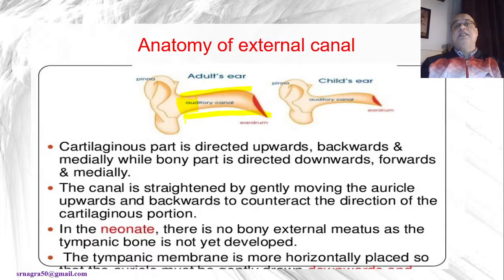The anteroinferior wall is longer as compared to the posterior wall, and this is the tympanic membrane. The tympanic membrane is not lying straight at the end of the external auditory meatus; rather it makes an angle of 55 degrees, so it is slanting just because the anteroinferior wall is longer than the posterior wall.